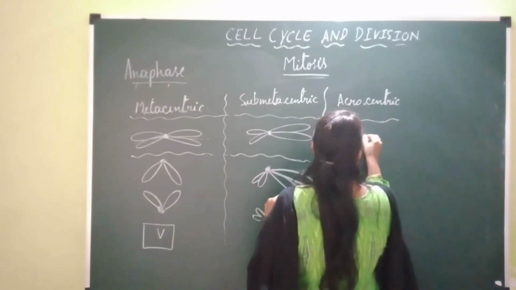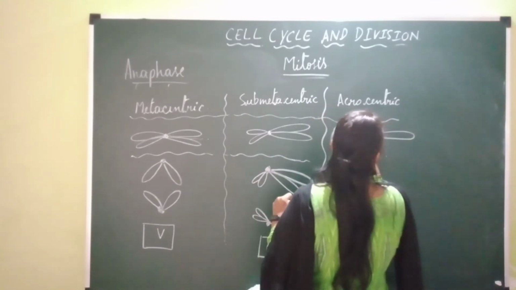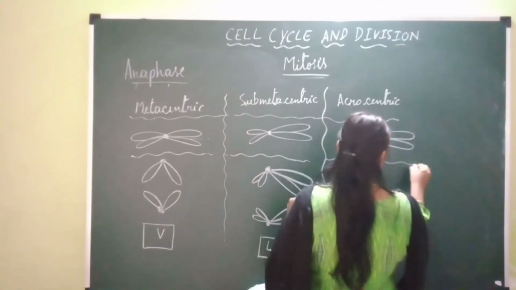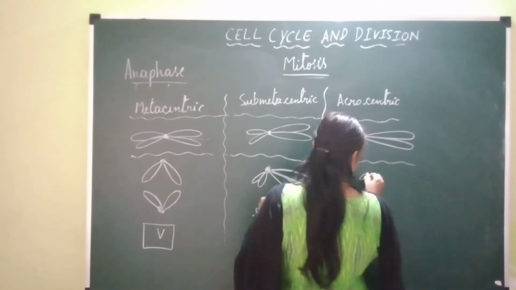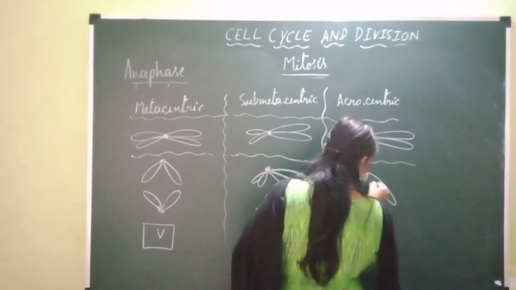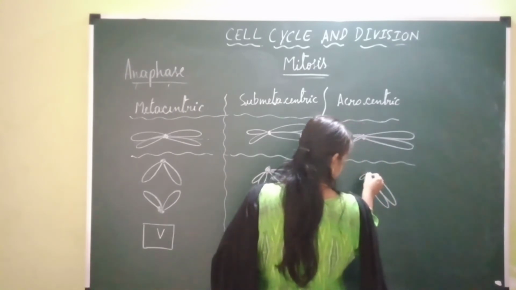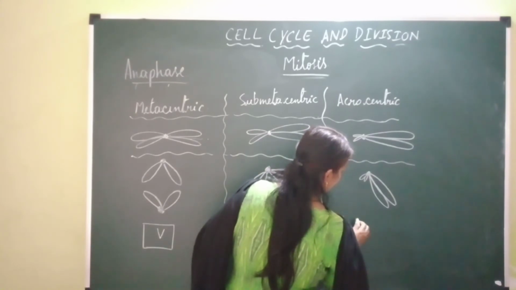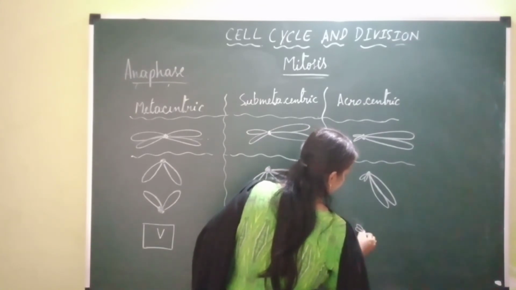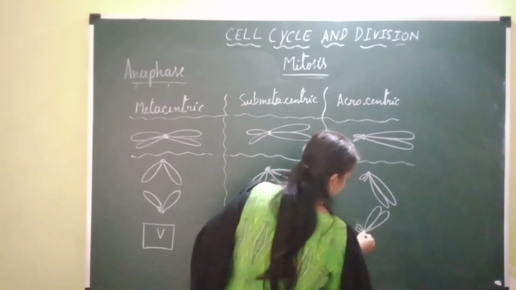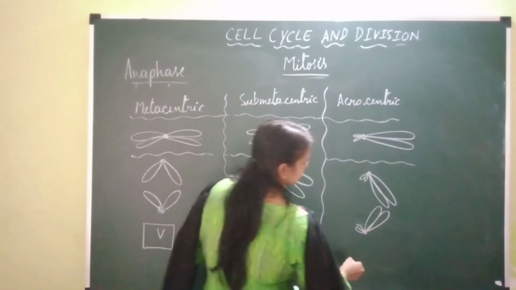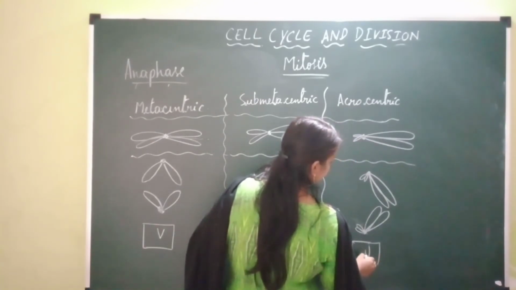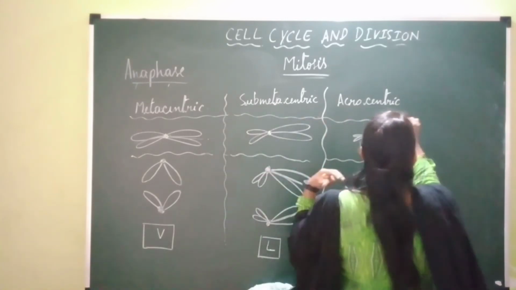After splitting of this centromere, the centromere is at the leading edge, and the arms are trailed behind, and they appear J-shaped. Next, coming to telocentric chromosome.